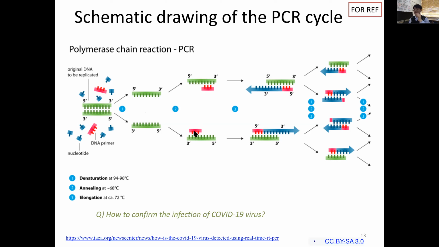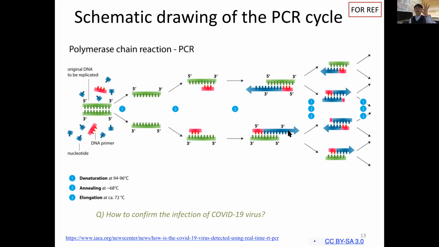And this is the starting point for replication so that we can elongate at 72 degrees with these DNA nucleotides and polymerase. So the polymerase chain reaction happens, and on the opposite side also.